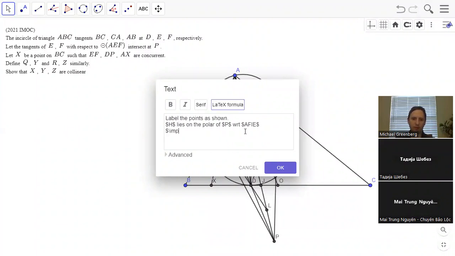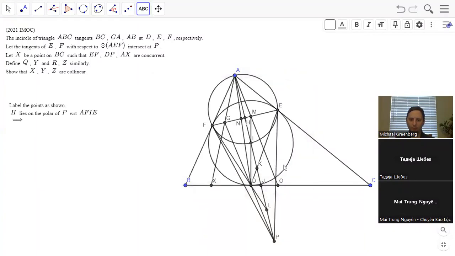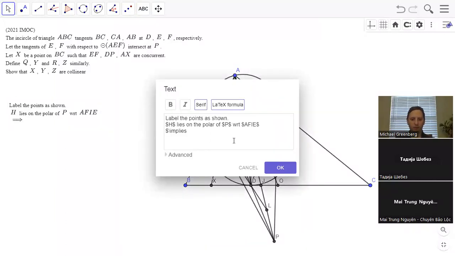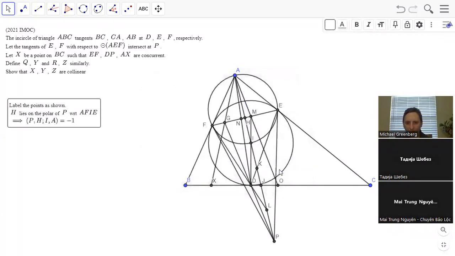I'll label the points as shown. And that means PHIA is harmonic. Then we take that and project through D onto EF.